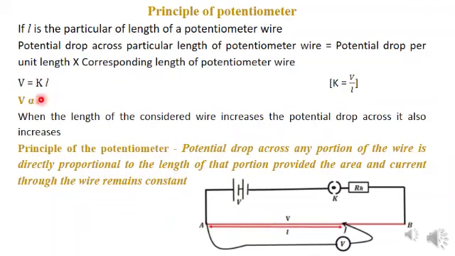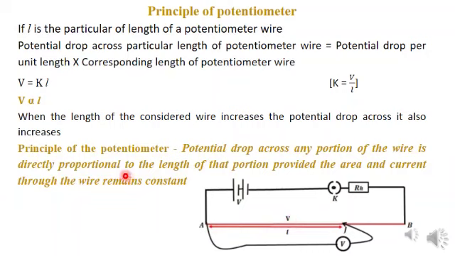Since K is a proportionality constant, V is proportional to L, which means when the length of the considered wire increases, the potential drop across it also increases.